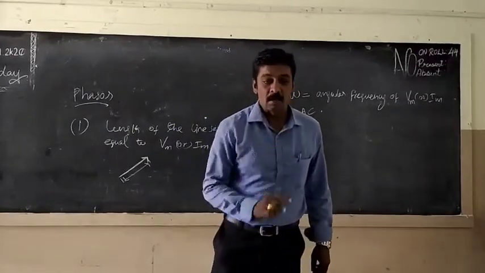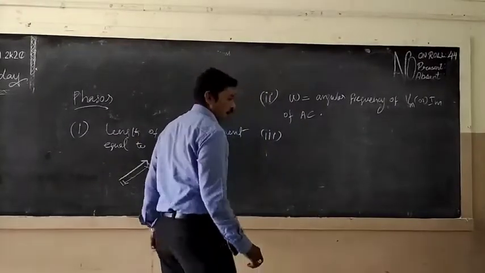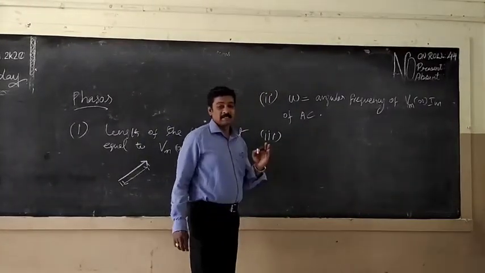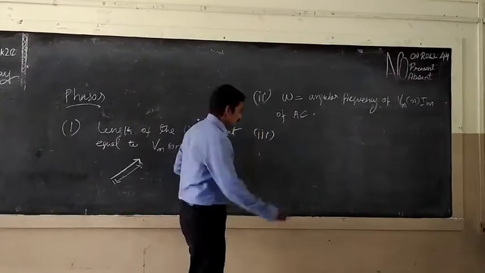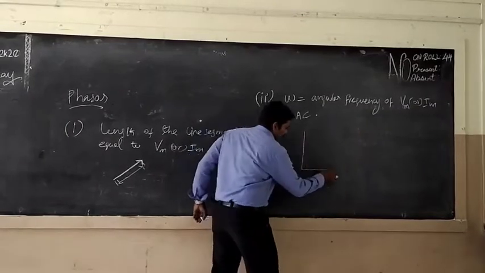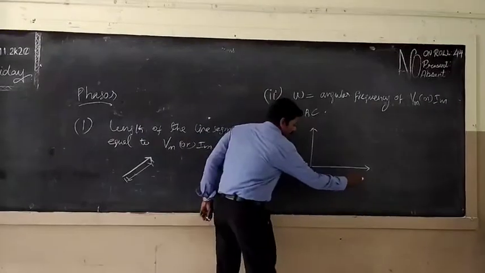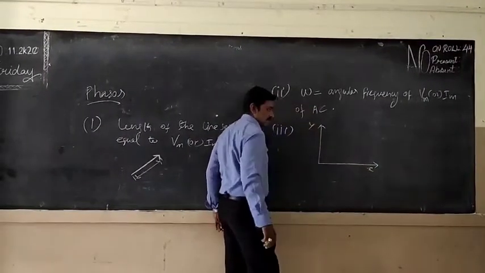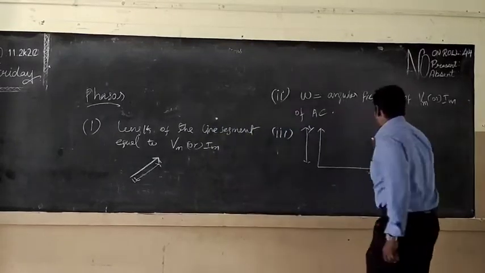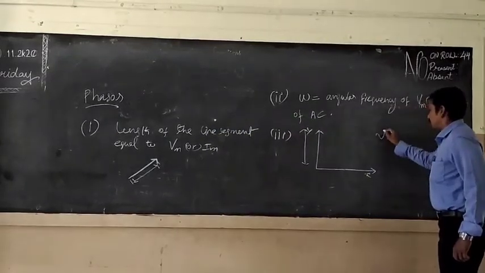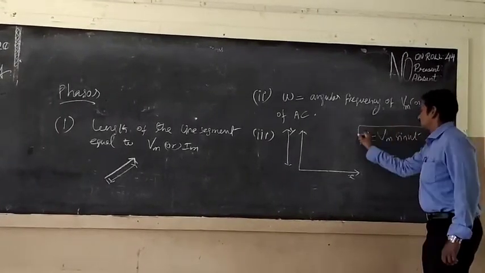And the third point will be: a phasor is always drawn with the vertical axis, which shows instantaneous voltage or instantaneous current at that moment. For example, I draw the phasor diagram. This is the x-axis and this is the y-axis. Now I am going to draw, for example, V is equal to Vm sin omega t.